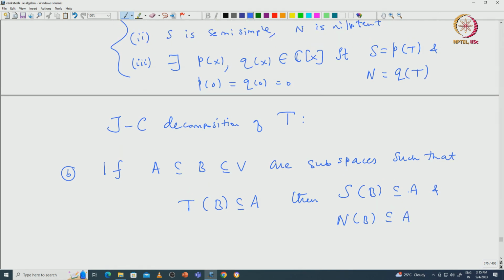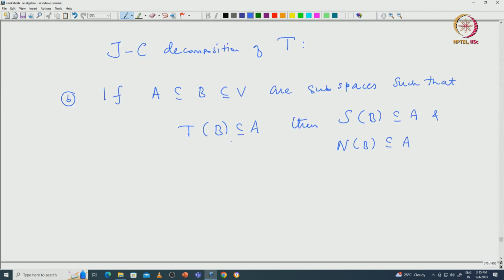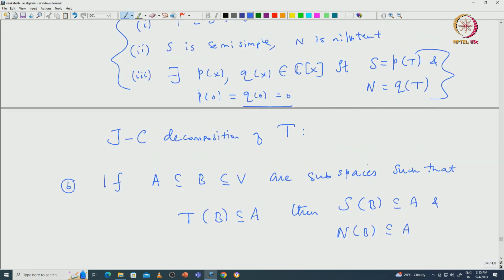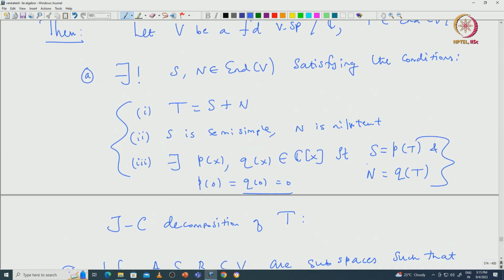Because both S and N are polynomials in T without any constant terms. So, if T maps B to A, then S and N both must map B to A. This is an immediate consequence of the Jordan-Chevalley decomposition.